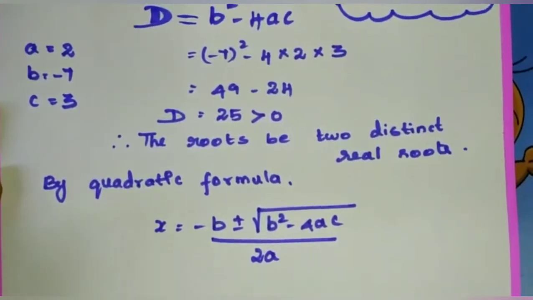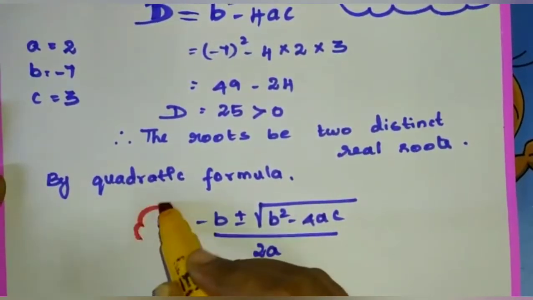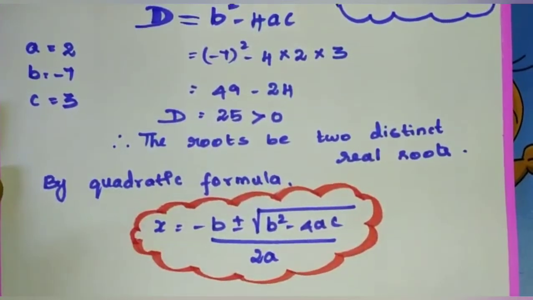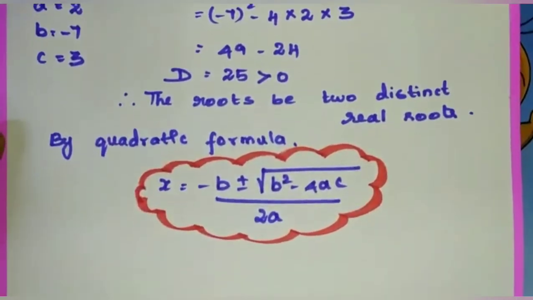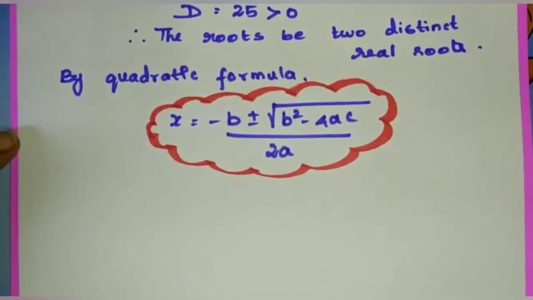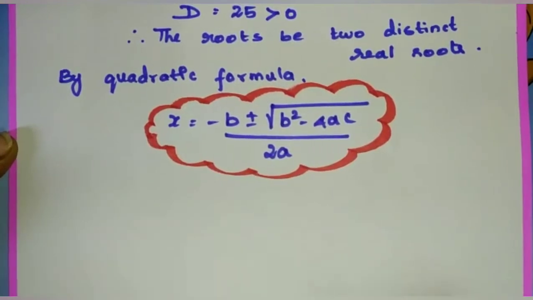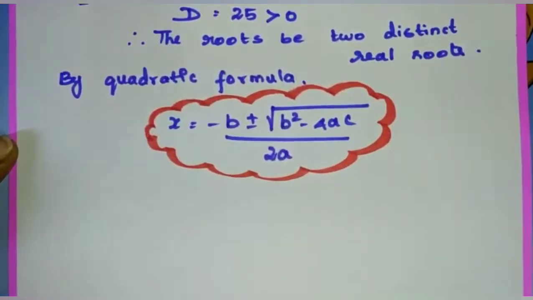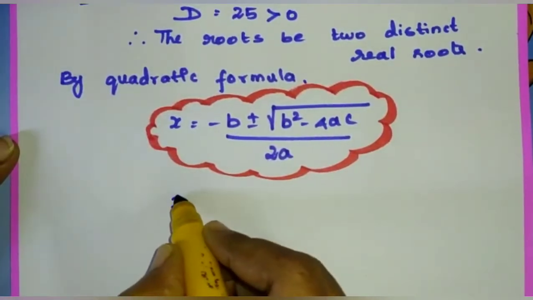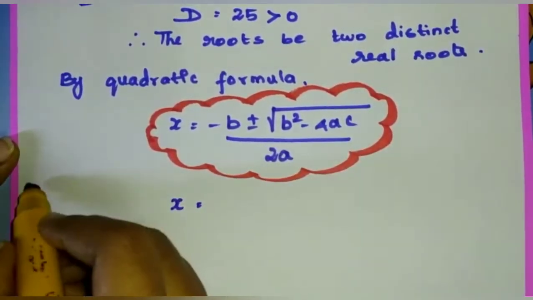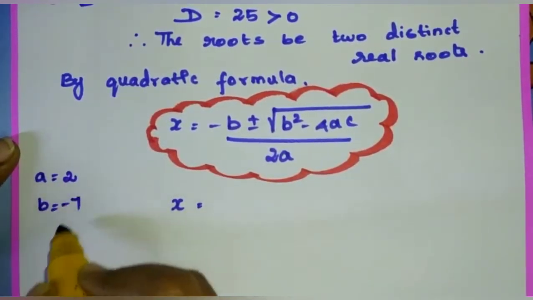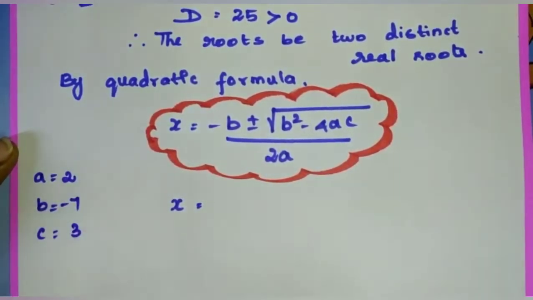This is the quadratic formula to find the value of roots. So in this formula you have to substitute the values of a, b, c, and you have to find the value of x. So x is equal to, what is the value of a? a is 2 and b is minus 7 and c is equal to 3.